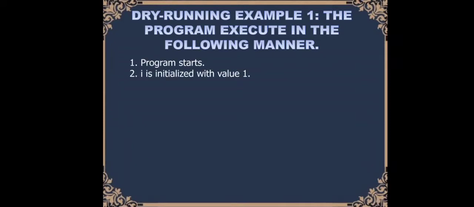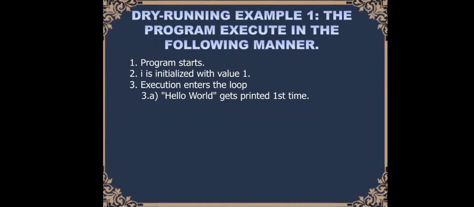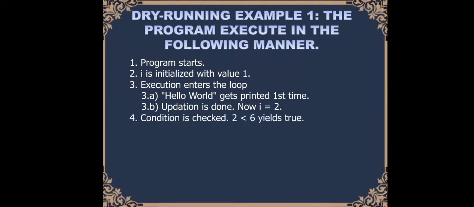Second, i is initialized with the value 1. Third, execution enters the loop. Hello World gets printed the first time. Updation is done. Now i is equal to 2. Fourth, the condition is checked. 2 less than 6 yields true.